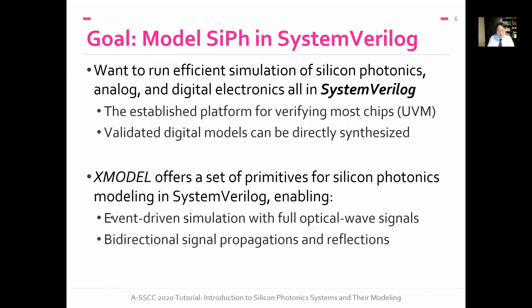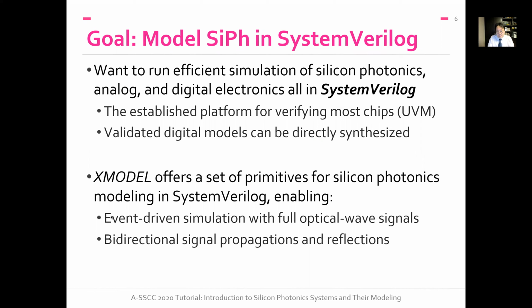Our goal is to model the silicon photonic system in SystemVerilog. Basically, we want to run efficient simulation, including silicon photonics, analog, and digital electronics, all in SystemVerilog. So you may ask, why SystemVerilog? Because it is the established platform for verifying most of the chips today.